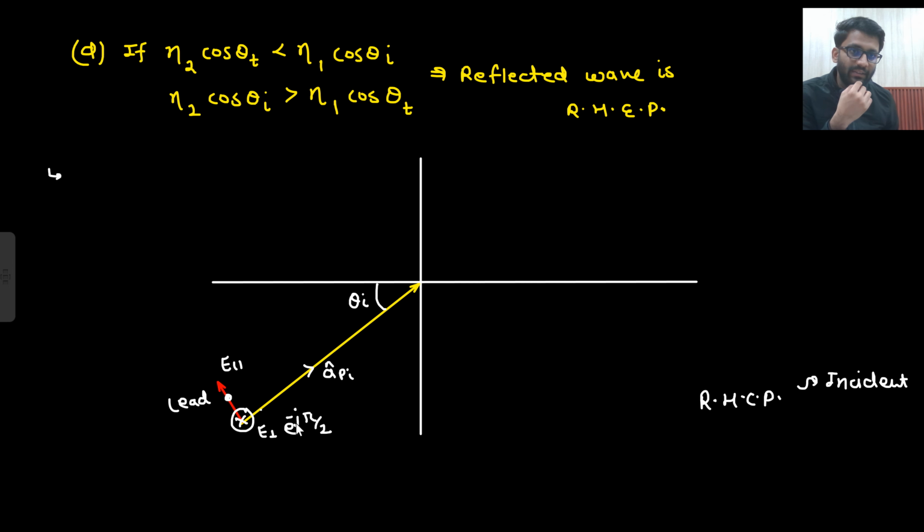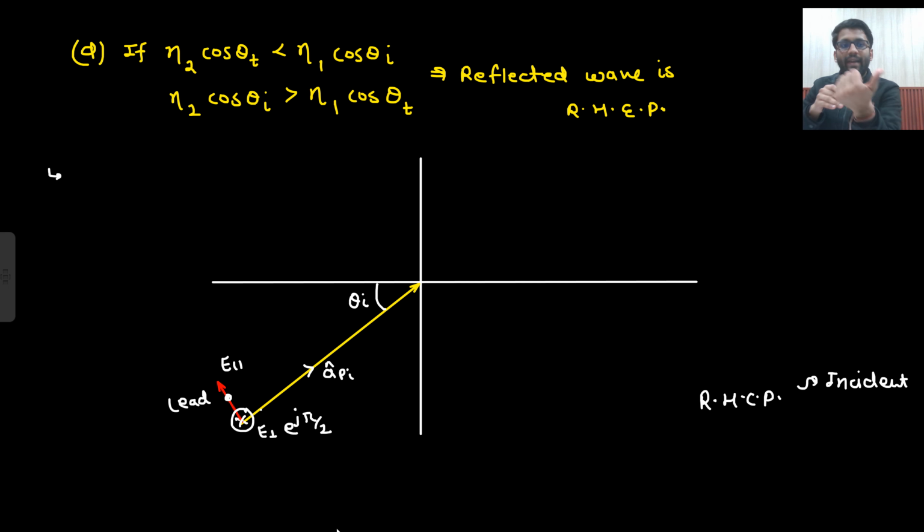So what can I change? If I want to keep it like this, then I could have changed it to this. What I mean to say is that the component that is inside, that is leading.